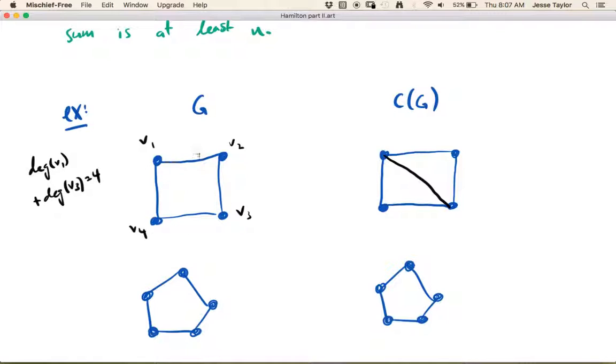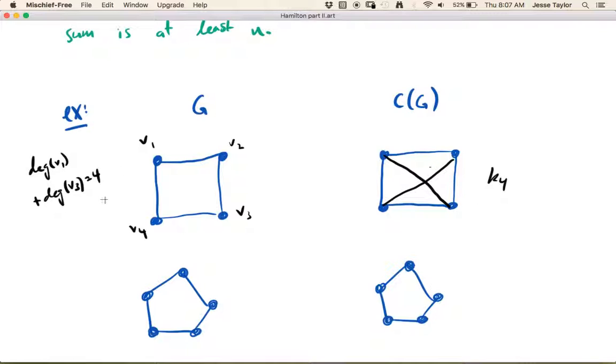The order of the graph here is 4. And similarly, V2 and V4, right? V2 has degree 2, V4 has degree 2. They aren't connected, but when you sum up their degrees, you get the order of the graph. So this gives us K4, right? And so we know we can't add any more edges here. This is the complete graph on 4 vertices.